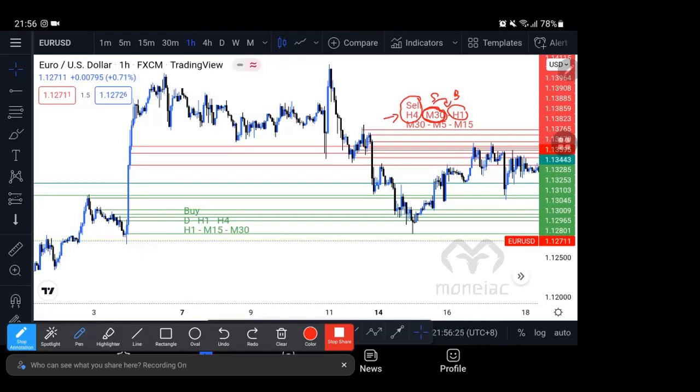If there is any setup that breaks the bias, then we shall find the re-entry back at the setup. I'm gonna repeat. If we have the setup breaking the bias, which is M30 breaking H1, then we're gonna repeat for re-entry. We're gonna find our re-entry at M30.